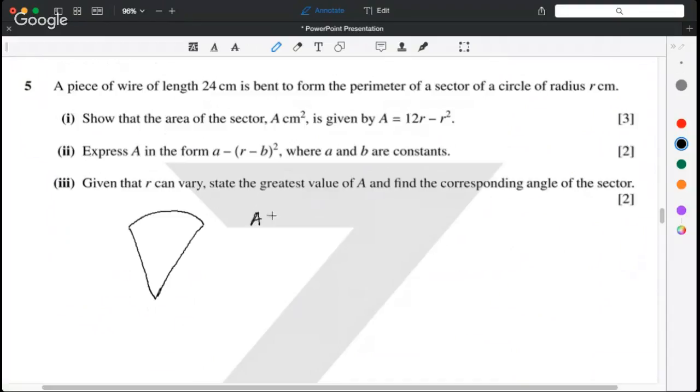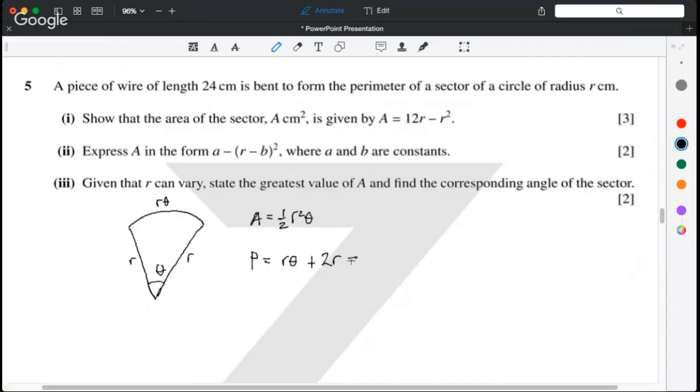So the area is equal to 1/2 r squared theta. So let's call this theta. And we also know that the perimeter of a sector is just equal to r theta plus, so this is the arc length r theta, and then this one is r and this one is r, so it's 2r.